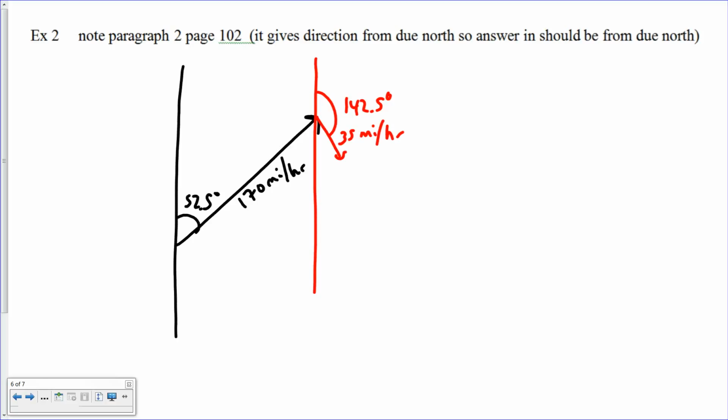The question: find the ground speed and the true course of the plane. Find the resultant vector. I need to draw that in. I want to find out what x is, and I want to find out what this angle is right there, which is my theta.